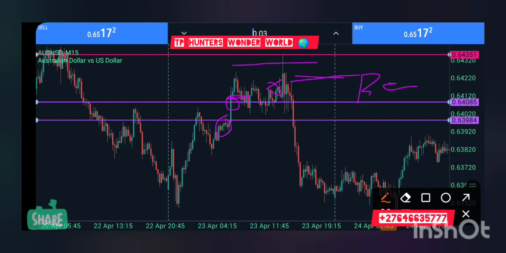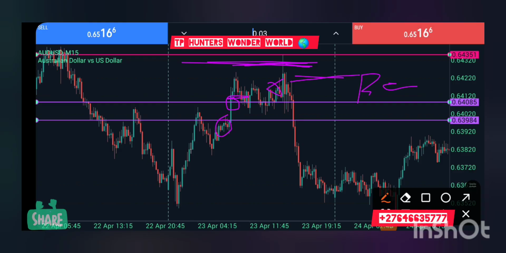The stop loss I was talking about, when you confirmed that this was a lie, this is not a breakout and retest, you should do what?